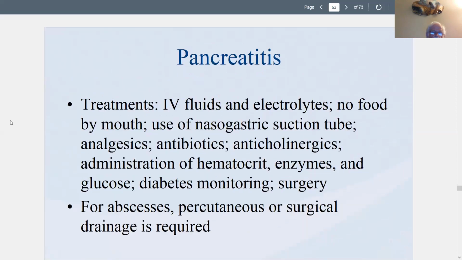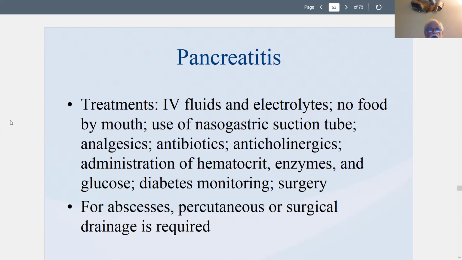Treatments: IV fluids and electrolytes, no food by mouth. We can use a nasogastric tube to make sure that the stomach is kept clear. We can give analgesics and certain other drugs, and we monitor for diabetes.